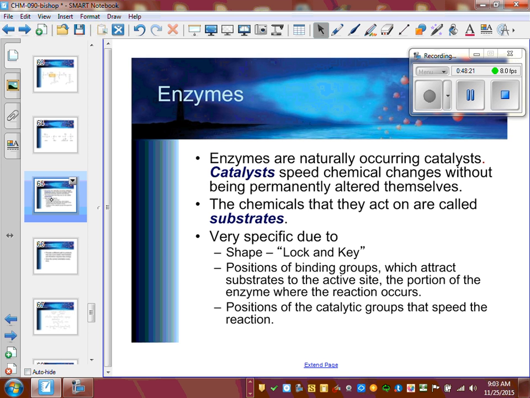The old method was called lock and key. The enzyme was a lock, the substrate was a key. Very specific. There are positions of binding groups which attract substrates to the active site, the portion of the enzyme where the reaction occurs. And there are positions of catalytic groups that speed the reaction.